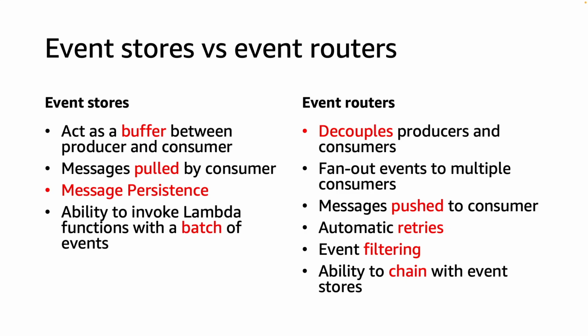The filtering is owned by the router. This is the major difference. And the best part is that event routers can be chained with event stores, meaning you can route your event to the event store. So these two go hand in hand. Now you should understand where to use event routers and where to use event stores. I hope this is clear now.